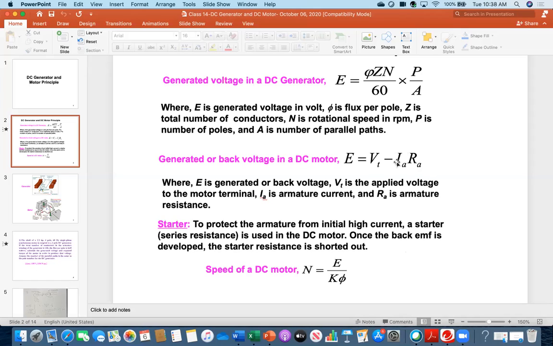Okay everybody, would you please write down this equation, the middle equation? The generated or back voltage in a DC motor is E equal to Vt minus IaRa.